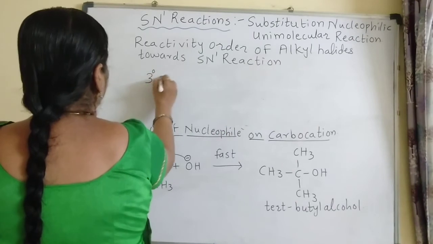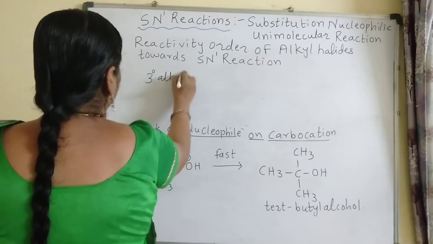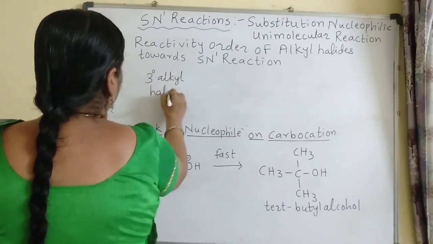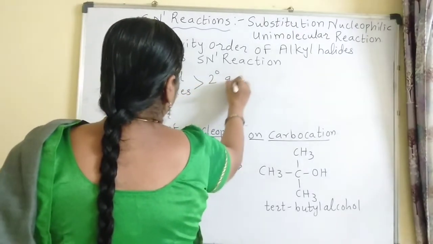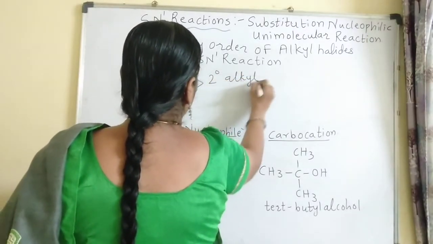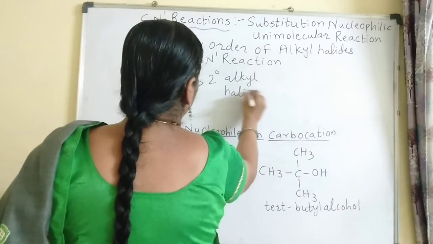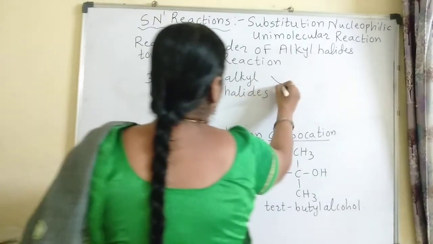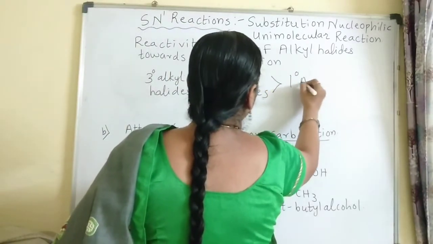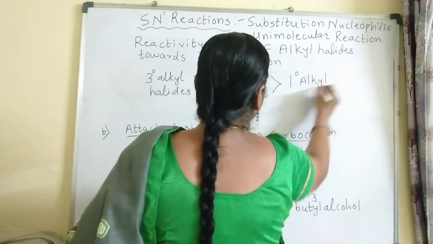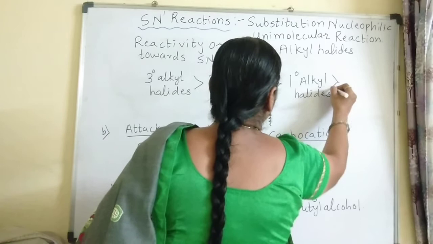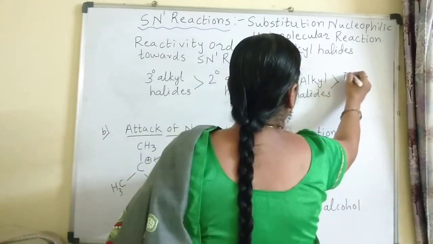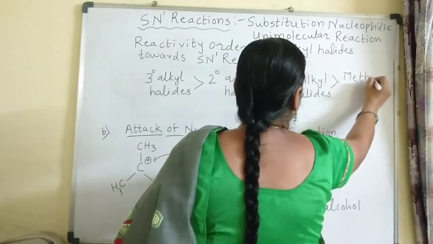So tertiary alkyl halides are most reactive towards SN1 reaction as compared to secondary alkyl halides. They are more reactive as compared to primary alkyl halides, and these are more reactive as compared to methyl halides.